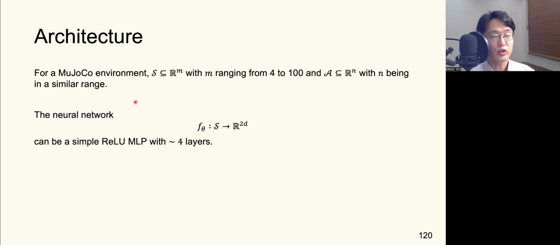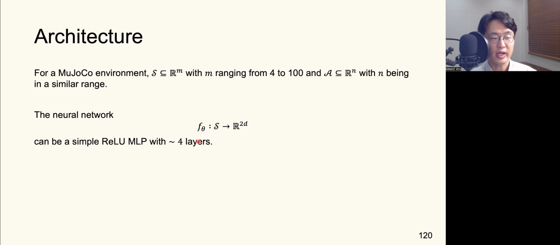So what kind of architecture should we use? Well, more modern papers, more modern research might propose to use more sophisticated or more modern architectures, but here's something very simple you can use. For the MuJoCo environment, you will have an m-dimensional state where m ranges from 4 to, let's say, even 100. And the size of the action space will be of a similar range.